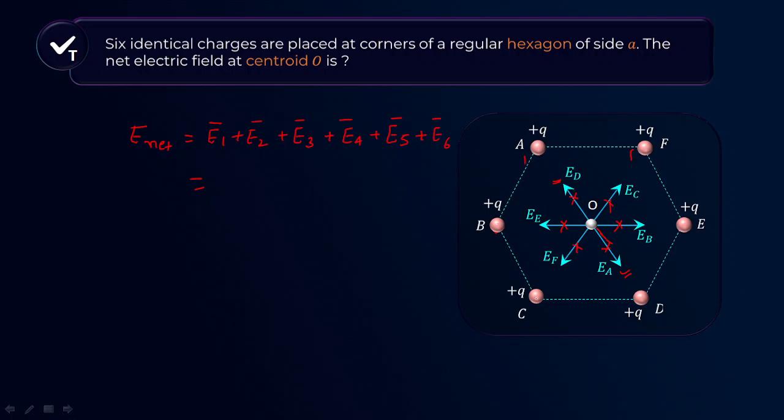So 1, 2, 3, 4, 5, 6. 1 and 4 get cancelled, similarly 2 and 5, 3 and 6. So what is the net? 0 only, right? Simple, easy. Or if you want to waste time, you can break them into x-axis and y-axis components and then add. Again you will get 0 only, right?